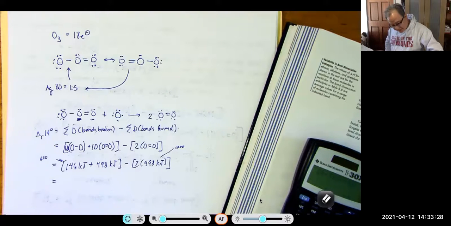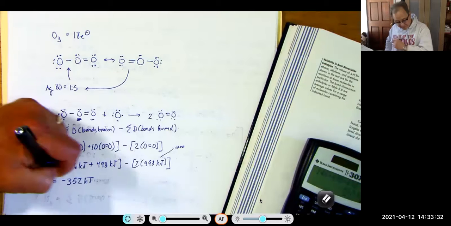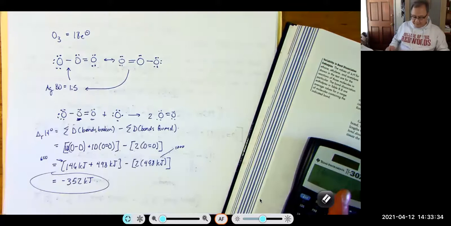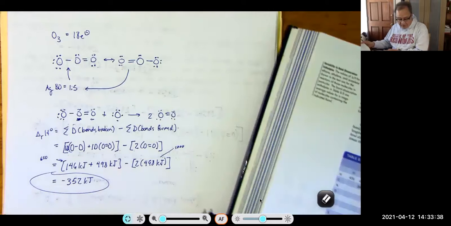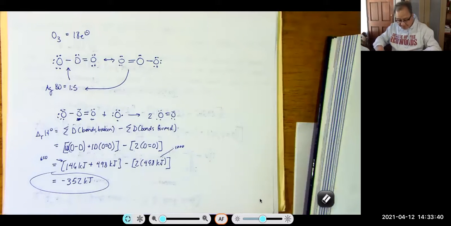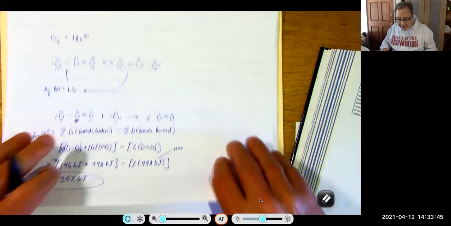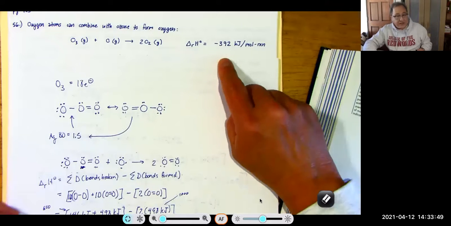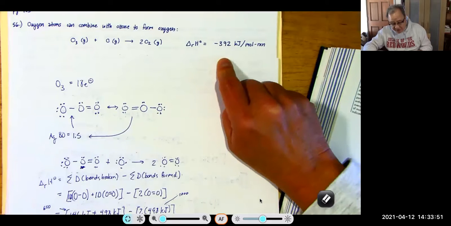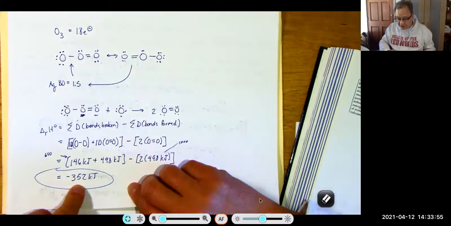And I get minus 352 kilojoules. So that's the change in energy for the reaction, minus 392, and we just calculated minus 352. So those are close.